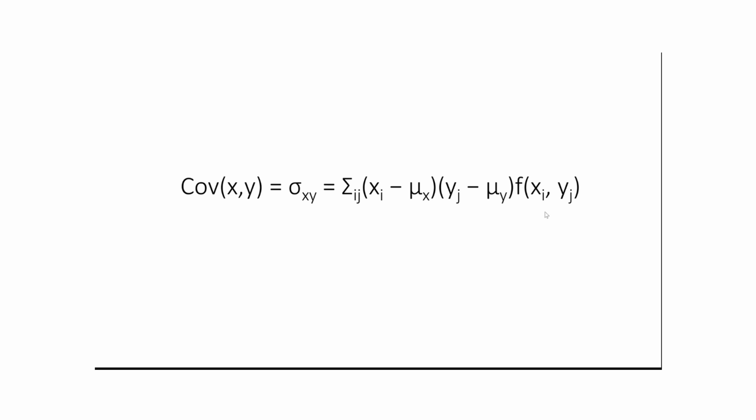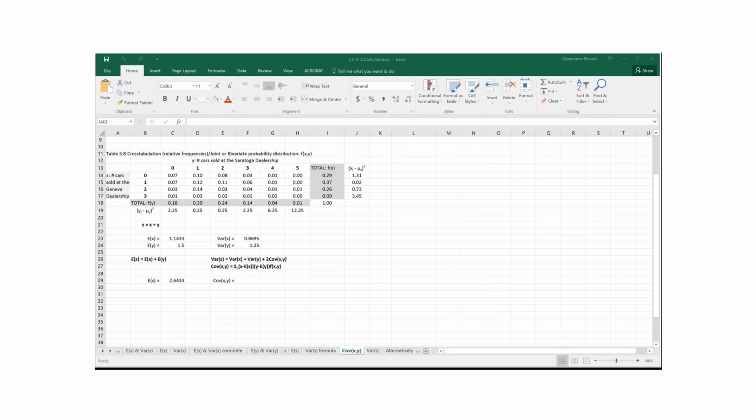The weights are the probabilities of joint occurrence of value xi and yj, or joint probabilities. So not as straightforward to compute as the expected value of S was.